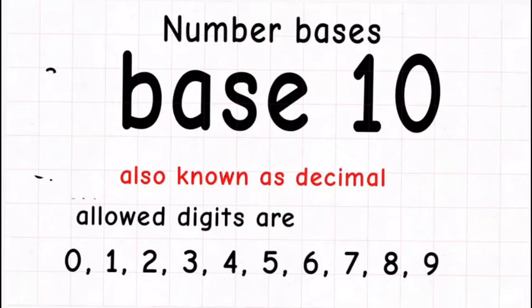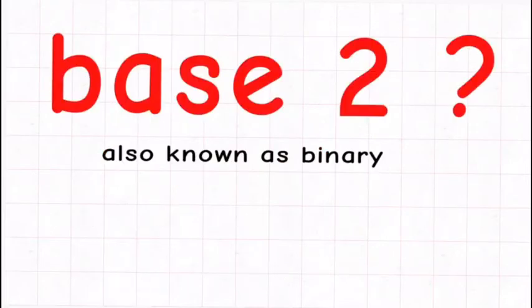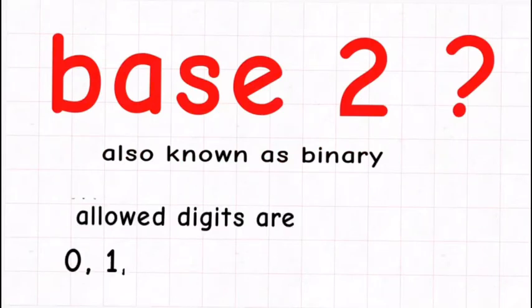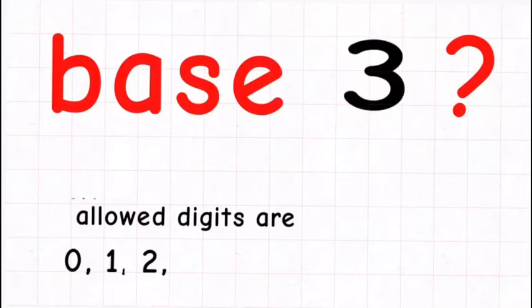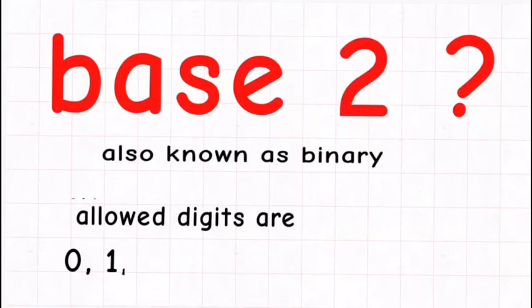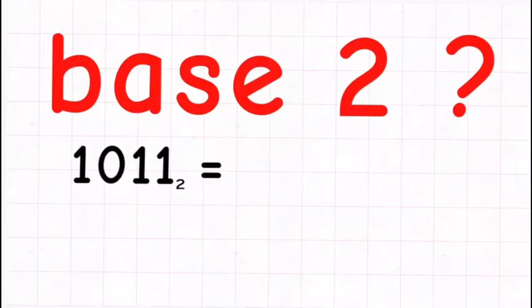Rather we use the digits 1 and 0, which are digits by themselves, together to represent the idea of the number 10. Likewise, in base 2, which is called binary, the allowed digits are 0 and 1. In base 3, the allowed digits are 0, 1, and 2. In base 4, the allowed digits will be 0, 1, 2, and 3.